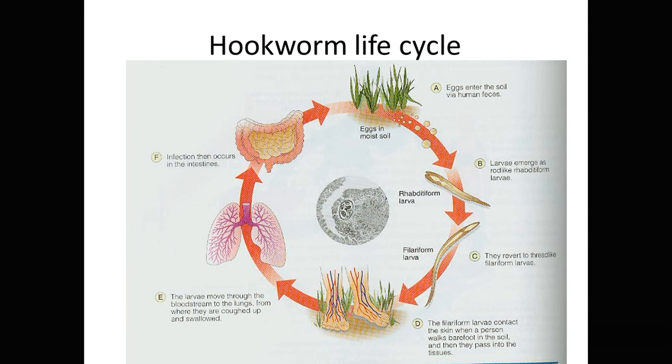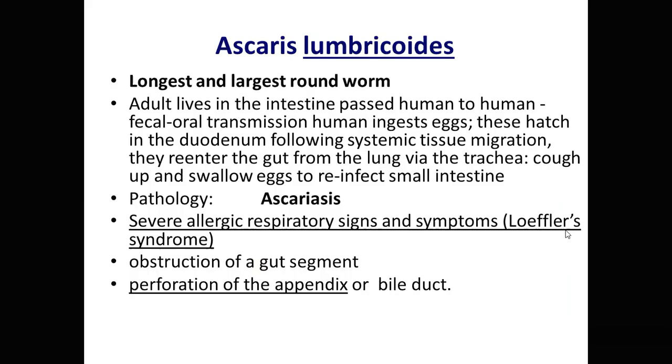So we have different stages of larval development, and you see the larva can enter the skin and blood vessels, move to the lung, and then from the lung, it is coughed up and swallowed, and it moves to the GI tract and attaches there and feeds.